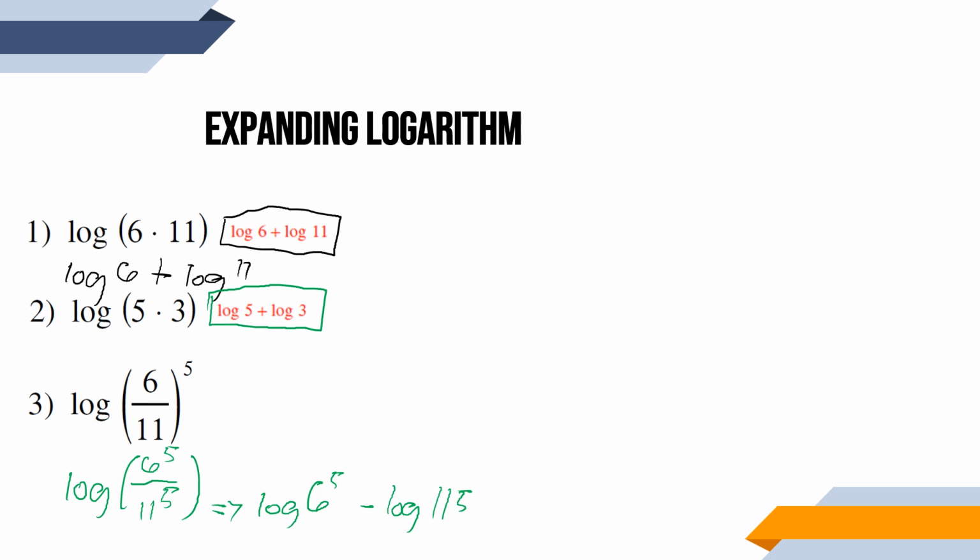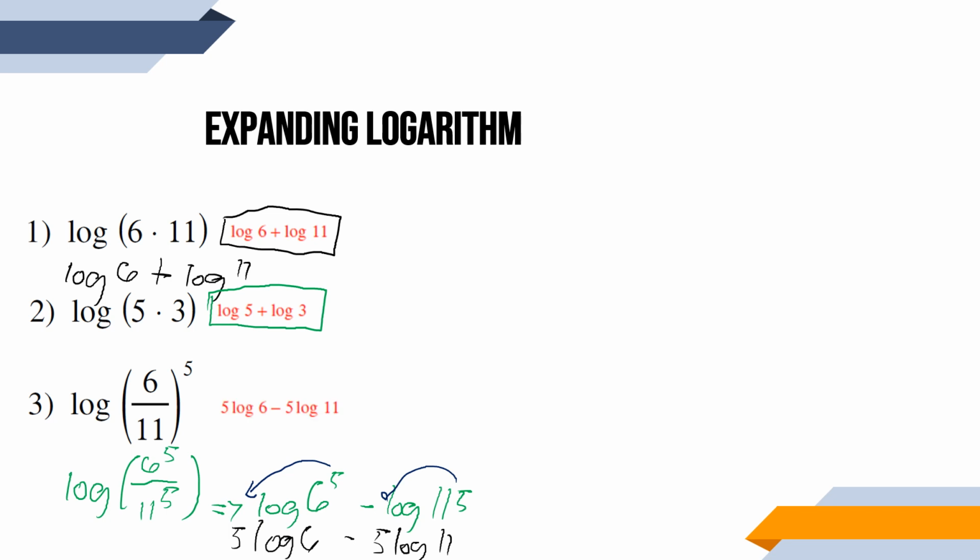Now, we're not done yet. We actually have exponents here, and based on our power rule, we transfer the exponent before our log term. So what will happen is this: we have 5 log of 6 minus 5 log of 11.